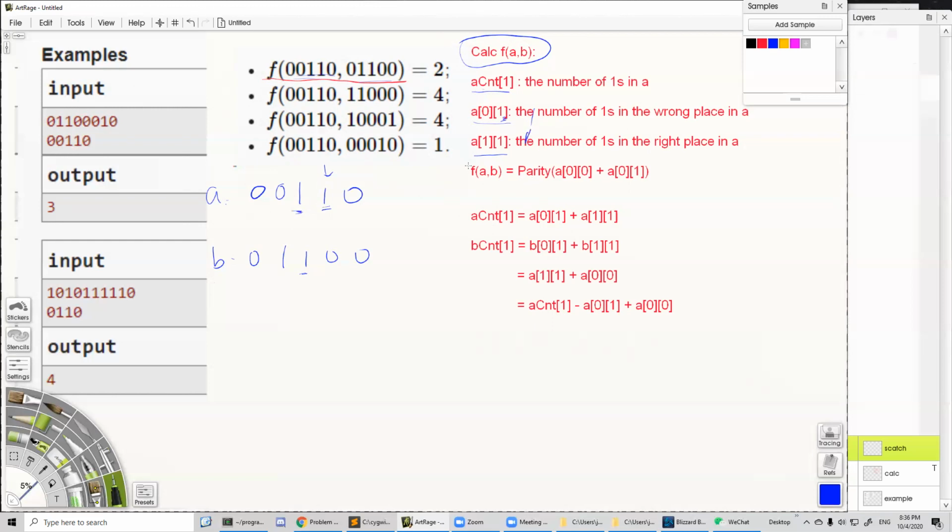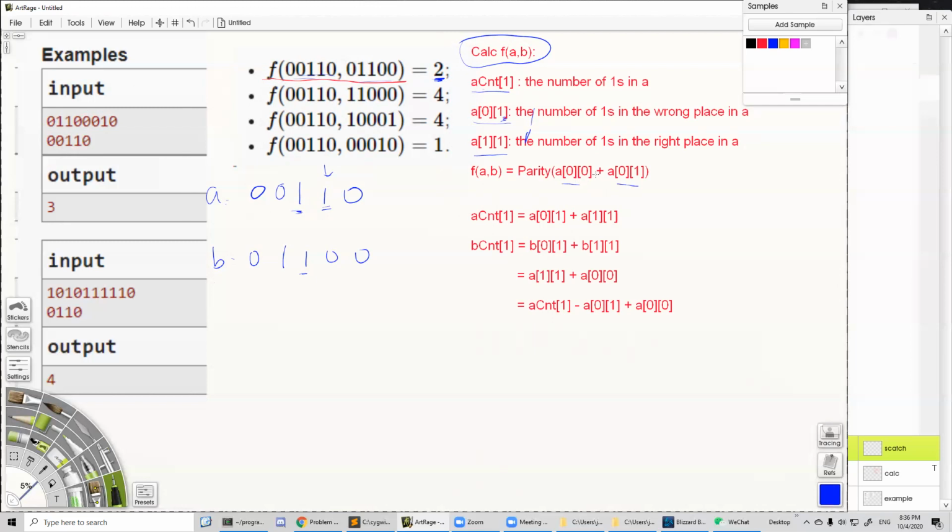And the answer we are going to have is 2, right? 2 means the number of wrong place digits, right? So the parity of this number is the sum of A00 and A01, right?